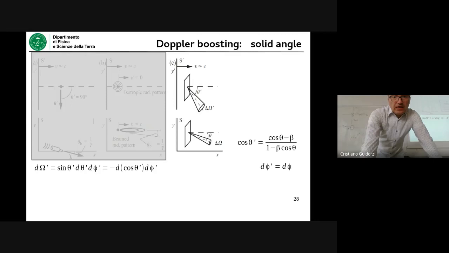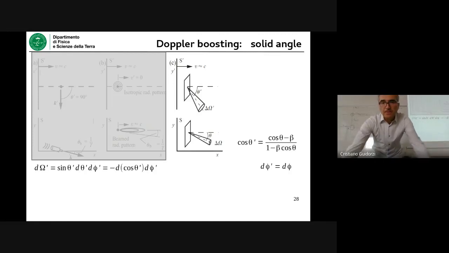If you also notice that the azimuthal angle, the angle which spans the plane perpendicular to the direction of motion, so this is the polar direction, and the azimuthal direction is here. So phi describes the position on a plane which is perpendicular to the line of motion. So it is unaffected, for the very reason I just told you at the beginning of this class.